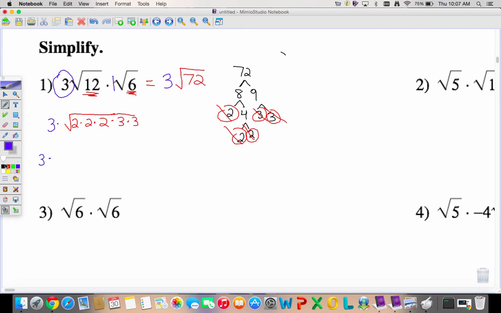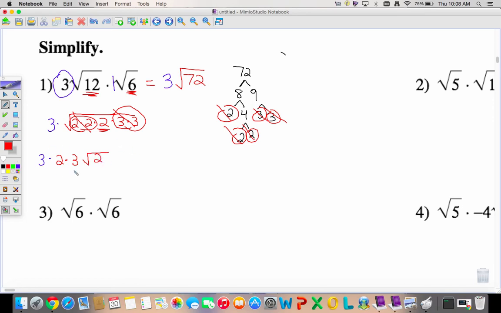Don't need to worry about it for right now. I'm going to go ahead and do my pairs. I have a pair of 2's, circle it, write it down, cross it out. Pair of 3's, circle it, write it down, cross it out. That is an ugly circle. And then I have a 2 left over in my square root. So square root of 2.